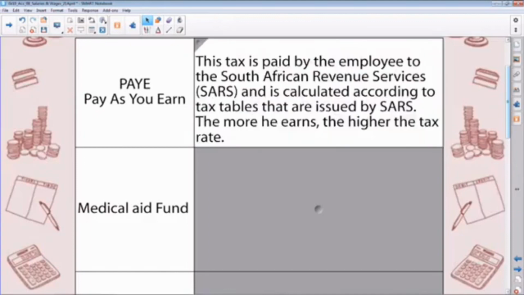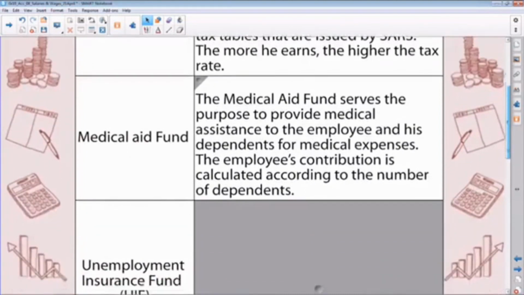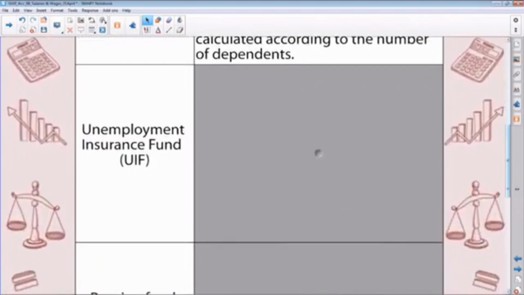We call it pay as you earn. And that money goes to the South African Revenue Service. What else can we take from their gross wage? We can take an amount for medical aid. So if they get sick, they can go to a private hospital, or some medicines can be bought with the money they saved in their medical aid fund.